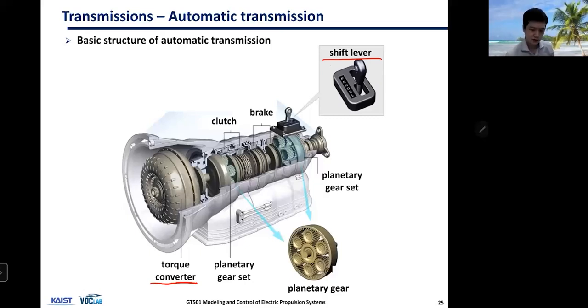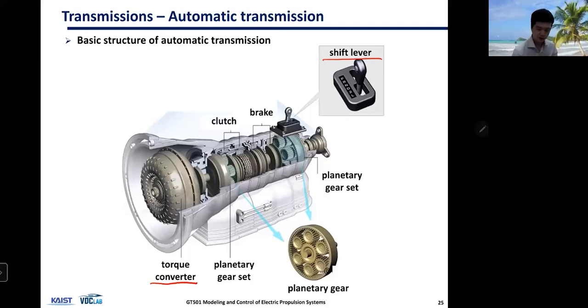Otherwise, the engine will come to a stop with vehicle speed. But to keep it idling automatically, you will need a torque converter. And the driver doesn't have to do any manual clutch engagement.